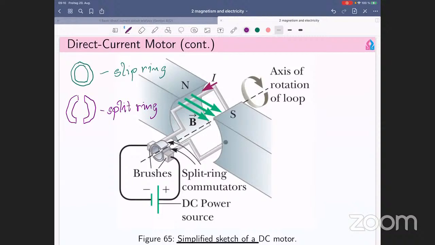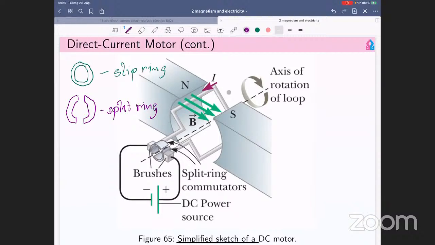It just goes like this, and it flows further to another side of the rectangle conductor loop, and it just comes here, and of course it will touch the brush. It will touch the split link, and the split link will deliver the current to the brush. The brush will further send the current to the conductor, and it just reaches the negative side of the battery.